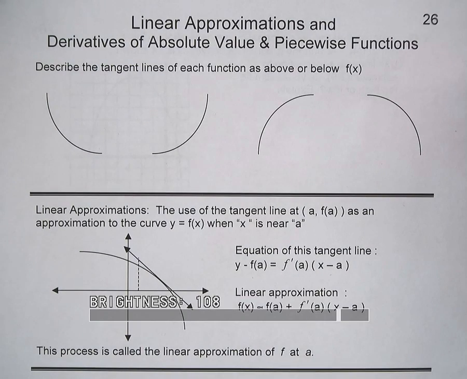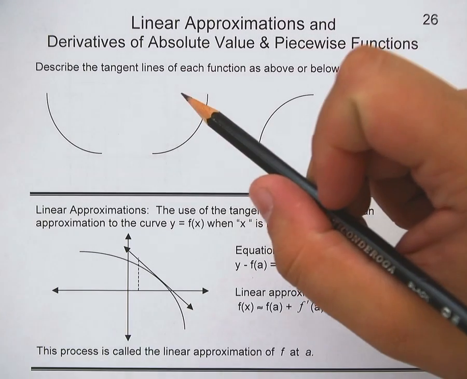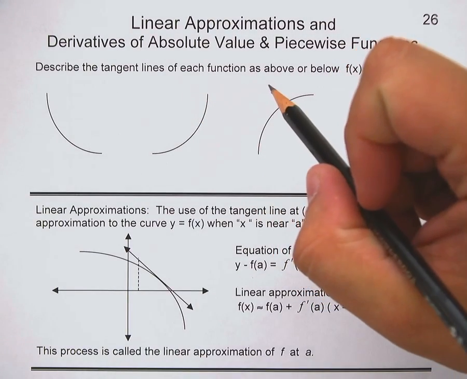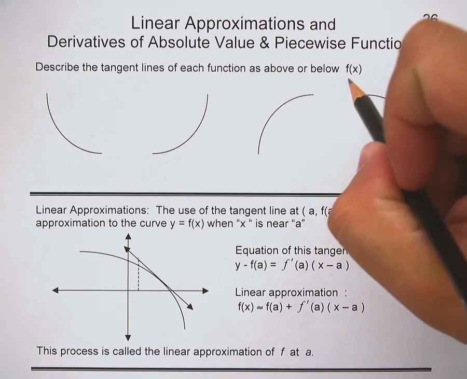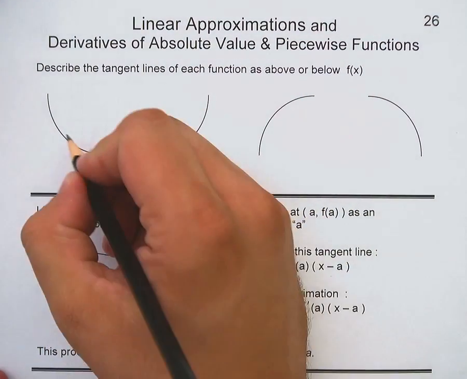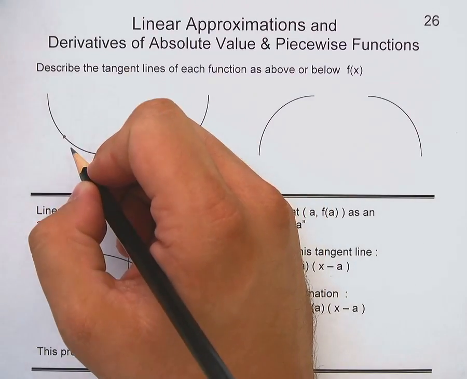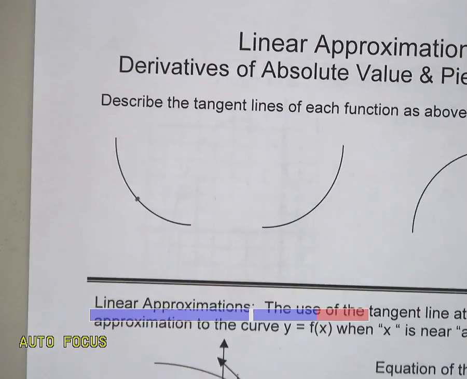First, it needs a little brightness, too shadowy in here. Linear approximation says describe the tangent lines of each function as above or below f of x. So these are below f of x. Imagine a tangent line going through this point right here, or really any point. Let me zoom in.